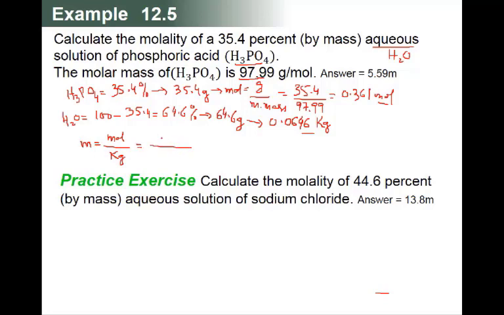So moles are 0.361, kilogram is 0.0646. Your answer will be 5.59 molal. So percentage changes into molality.